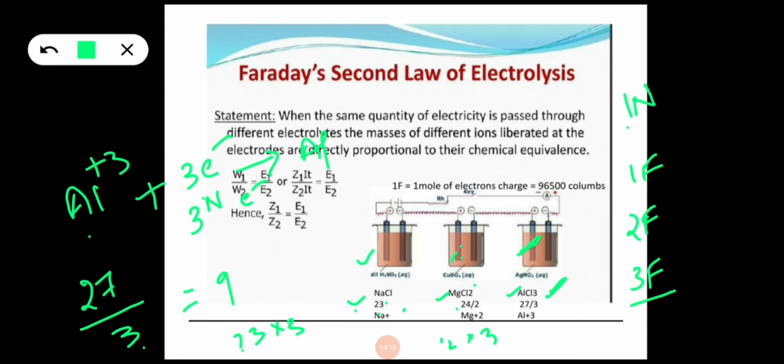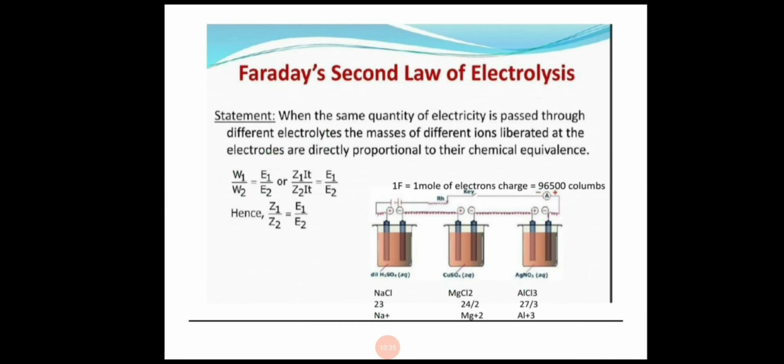So when an equal amount of current is made to pass through different electrolytes, equal equivalents of different ions are deposited at their respective electrodes. This is called the second law of electrolysis.